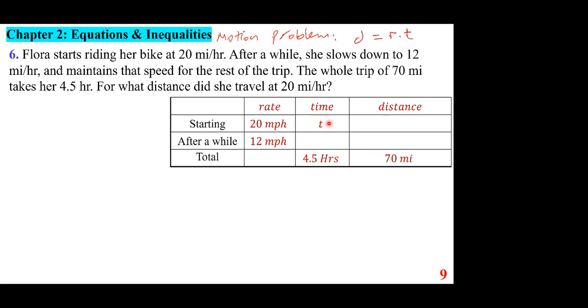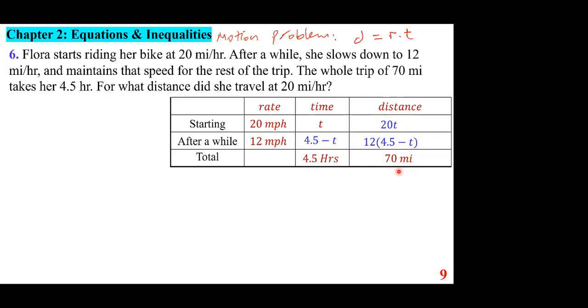So what happens is the total time is 4.5, so for this one it would be 4.5 minus T. The distance covered here is the product of these two, 20 times T. And the distance for these two is 12 times 4.5 minus T. And the total distance is 70, so we can add these two and it results in 70.